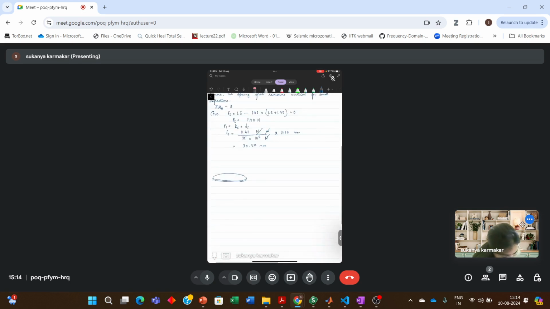The plan view is something like this. You have three springs like this.